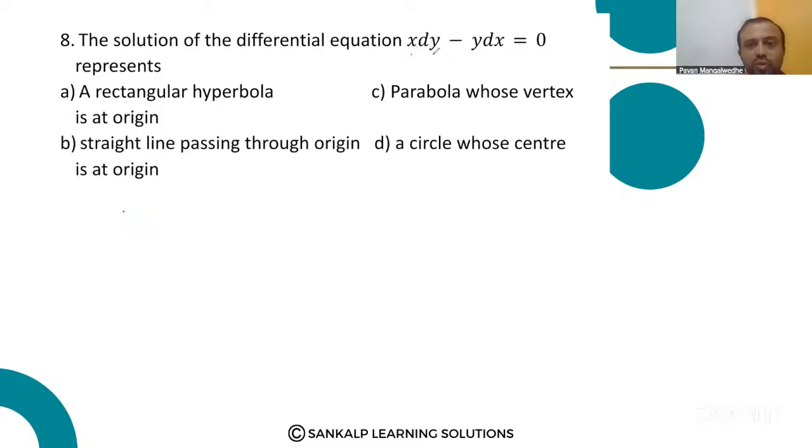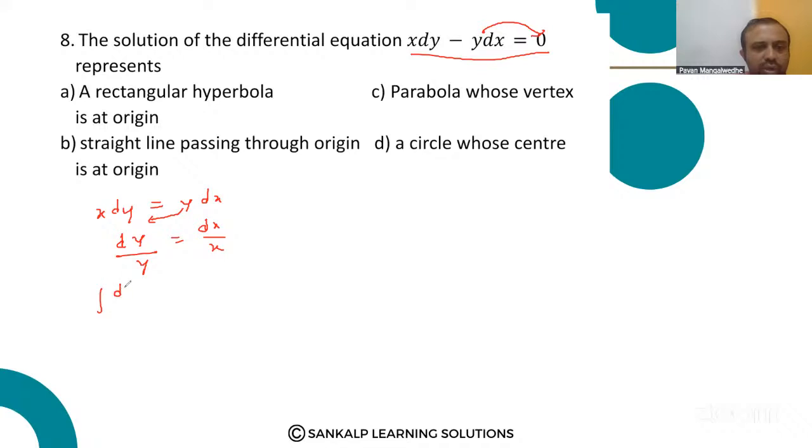So, dear students, when it is equals to 0, just try to rearrange the given equation, which can be written as x into dy, which is equals to, on transposing minus y to the other side, it will become plus y into dx. So it is dy by y, on transposing, is equals to dx by x.